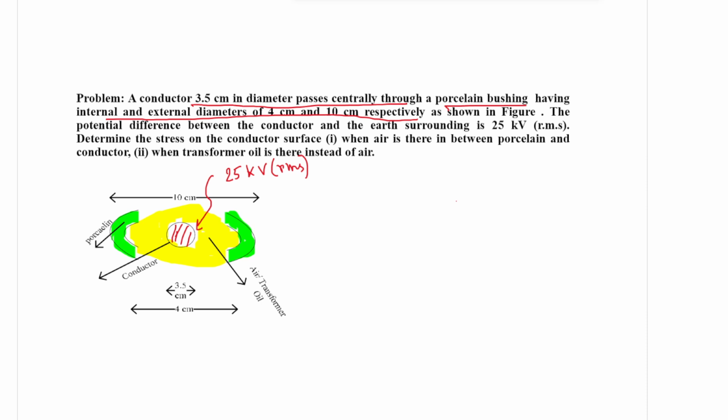So the conductor is 3.5 centimeter in diameter, so R of the conductor is 3.5 by 2, that is equal to 1.75 centimeter.